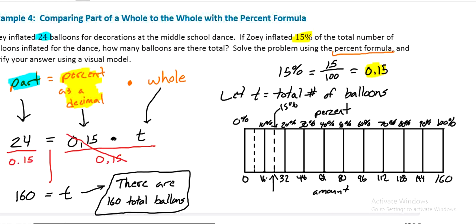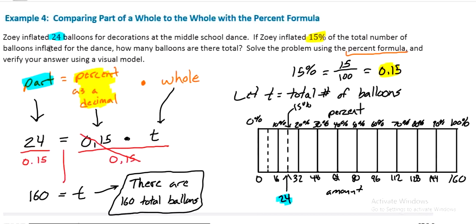The number that's perfectly in between there would be 24. Because if a full box is 16, half of a box is 8. So 16 plus 8 gives us 24. And that checks out with what we were given in the beginning. So 24 verifies that we did our equation correctly.